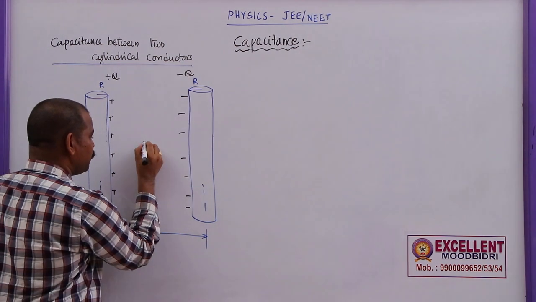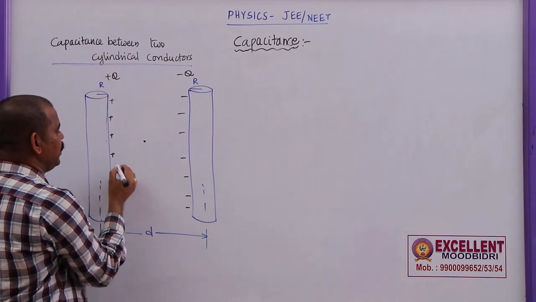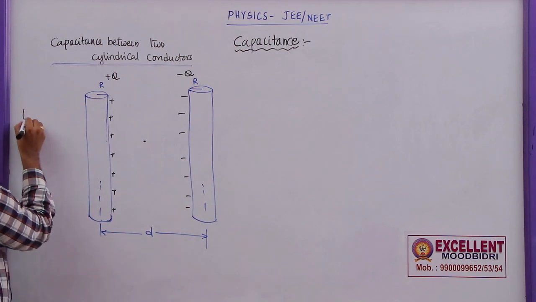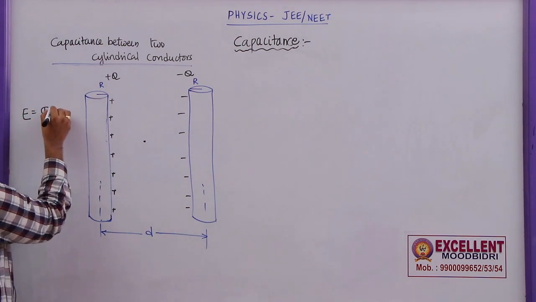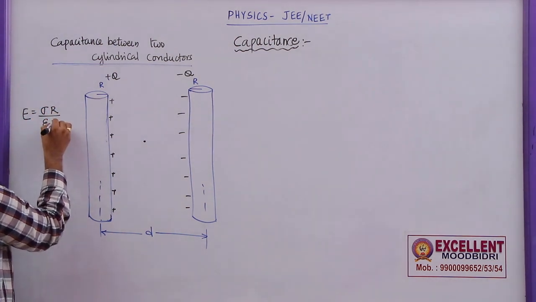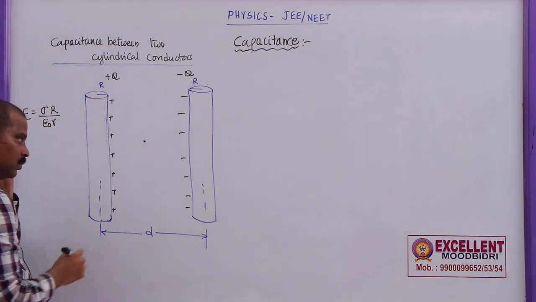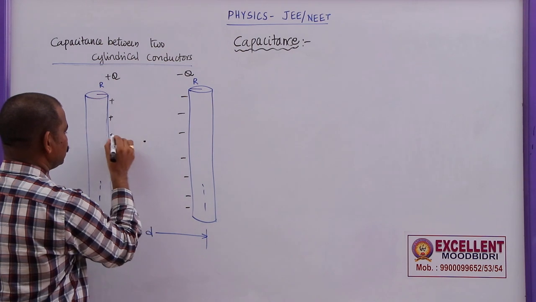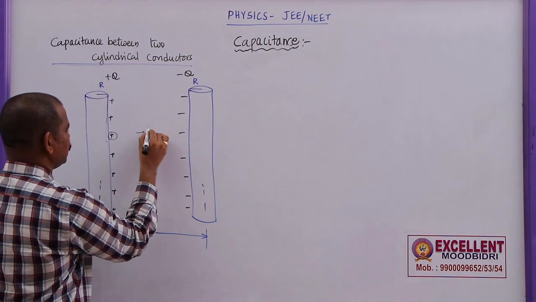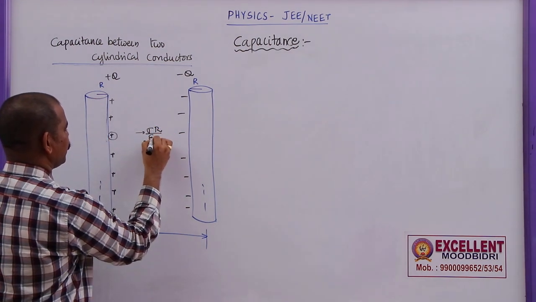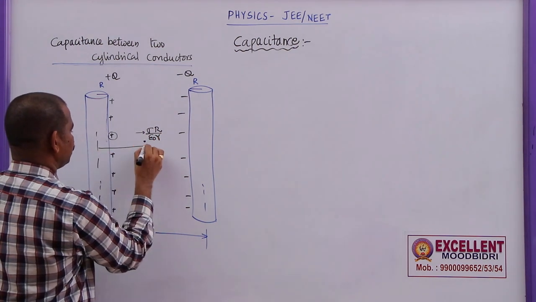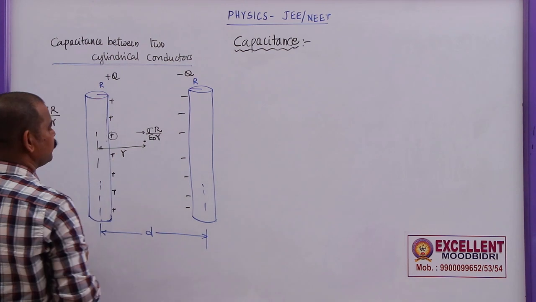So, what is the electric field at this point due to this one? The electric field due to a cylindrical conductor is given by E equals sigma R by epsilon naught r, where r is the distance from the center to this point.